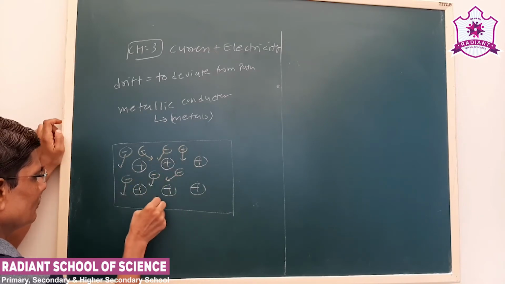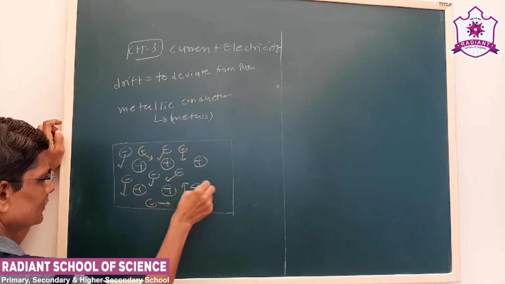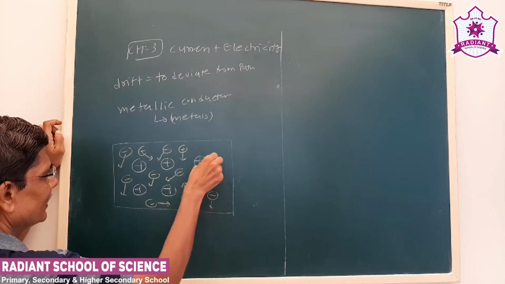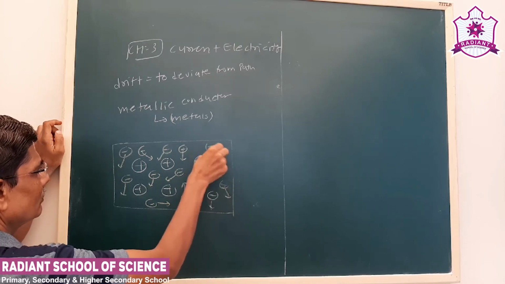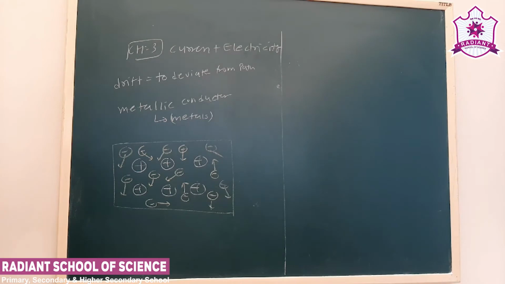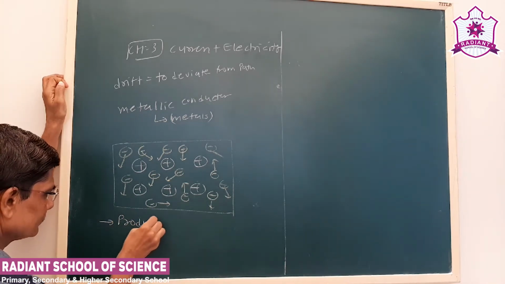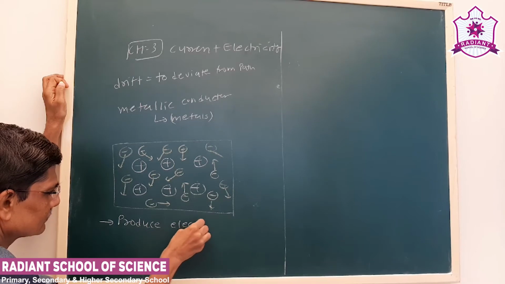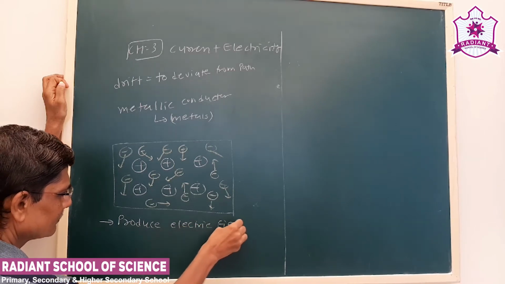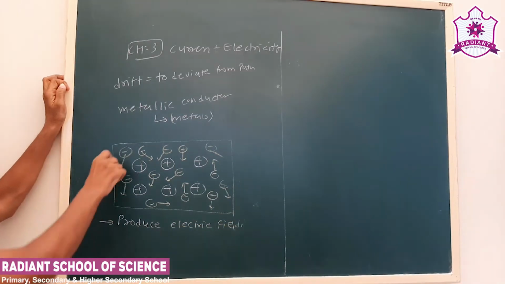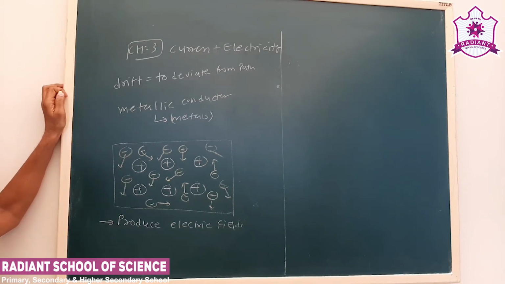We also know that in 1 mole the number of electrons or charge carriers is very large. Also, these charge carriers, that is electrons and protons, produce an electric field. So what happened? Between the charges there is a force.